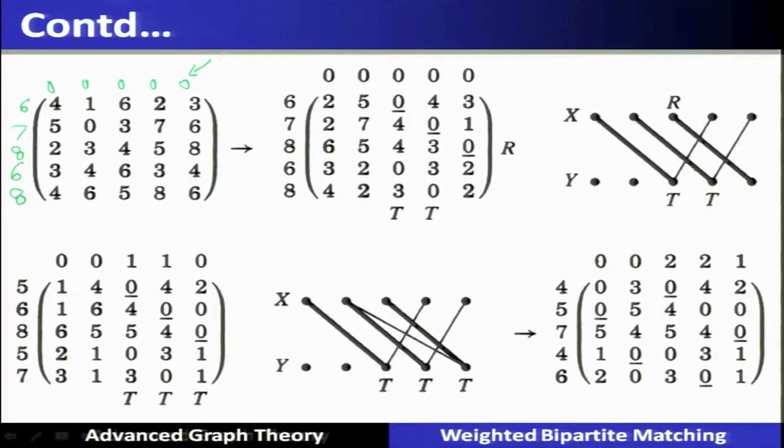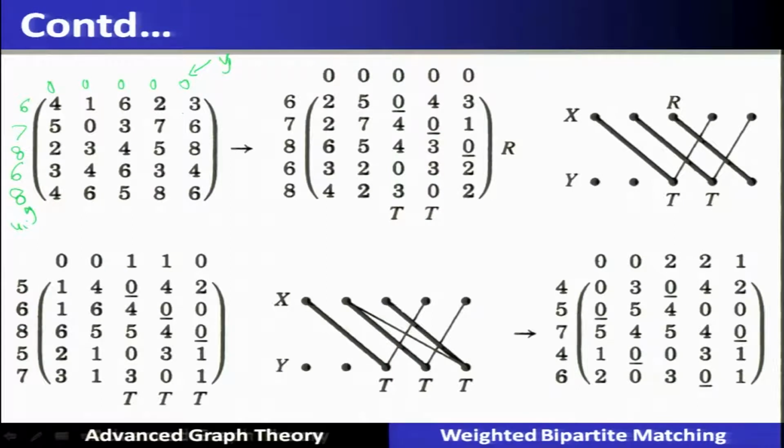So, this is the initialization: Vj's is 0 and Ui's is the maximum of the edge weights in every row.